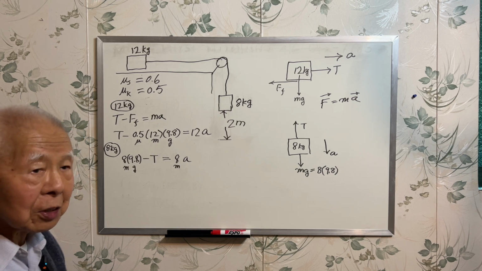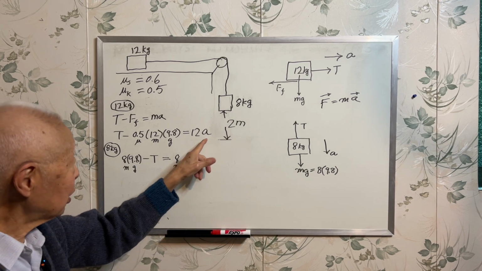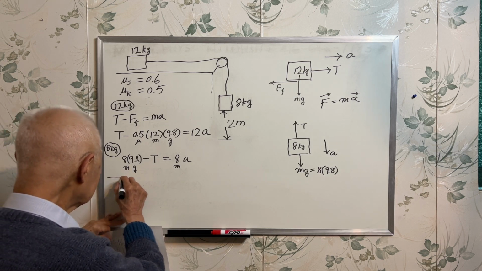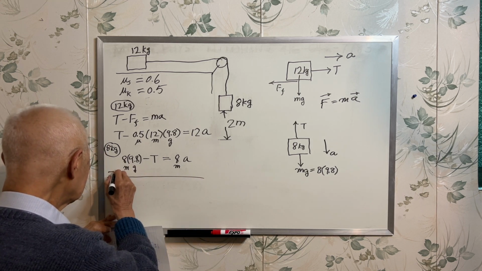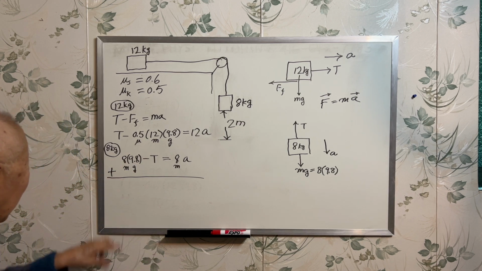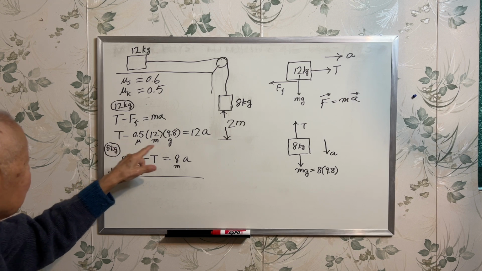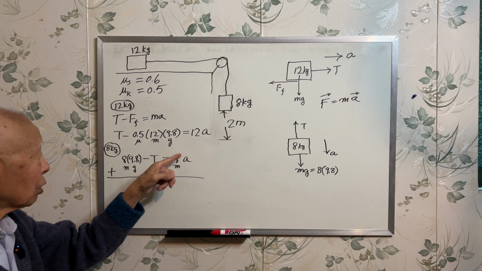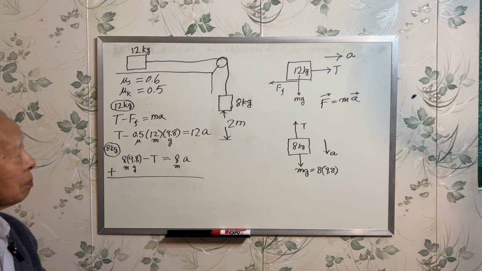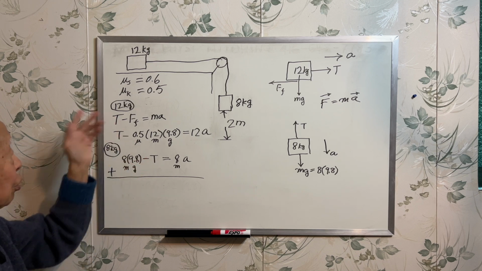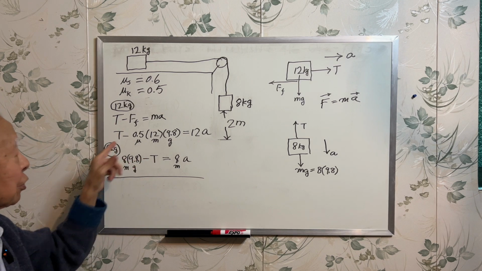What is left is just acceleration. So let's add these two equations. Then I have this minus that, T cancels, equals this plus that. So this is a trick. You add these two equations, T cancels.